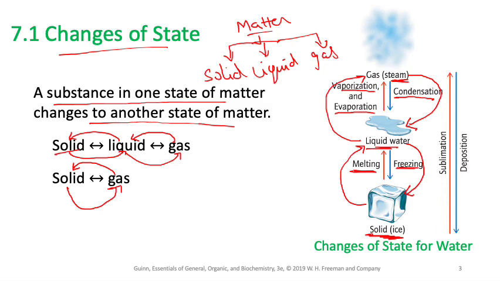And there are 2 more terms over here, which are sublimation and deposition. What is sublimation? Sublimation is a process where a solid can directly take a phase change into a gas phase. So solid is directly going to a gas phase. We call this process sublimation.